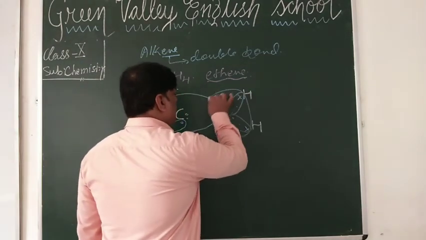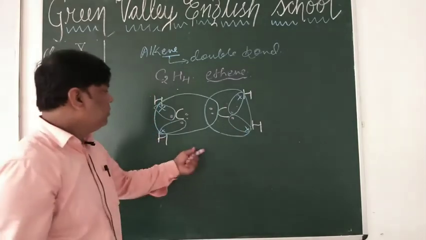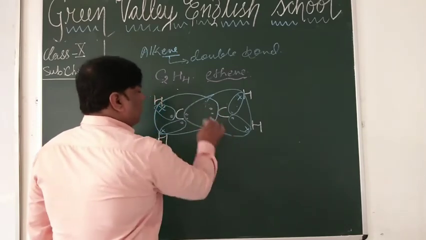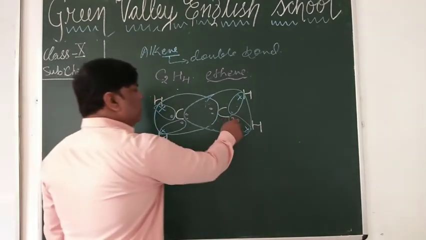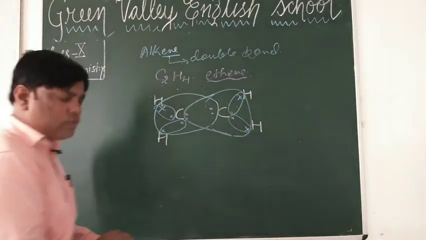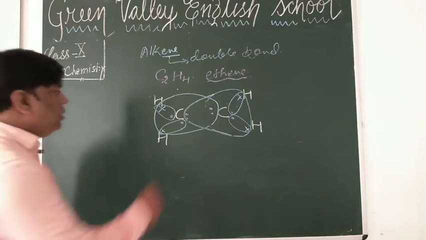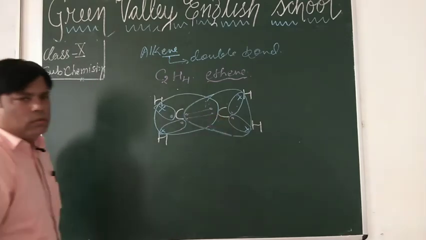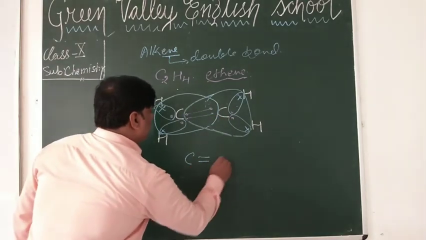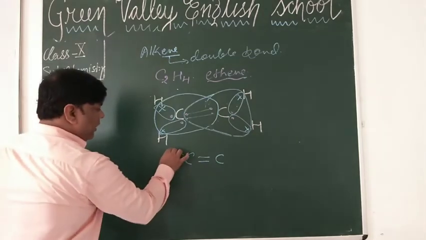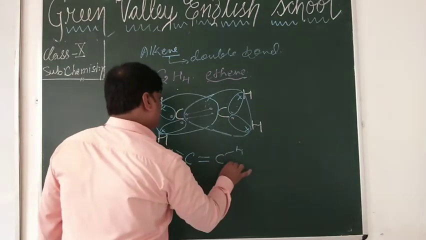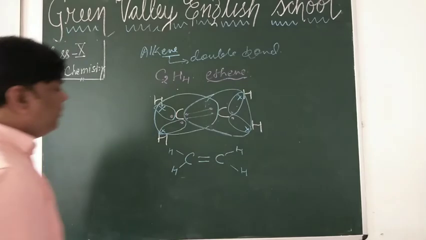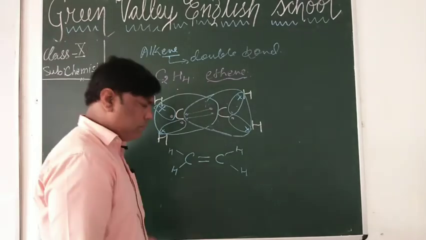So now octet of this carbon atom is also completed. 2, 4, 6 and 8 electrons. So here 2 carbon, double bond carbon, single bond hydrogen, that is double bonded covalent compound or covalent hydrocarbon.